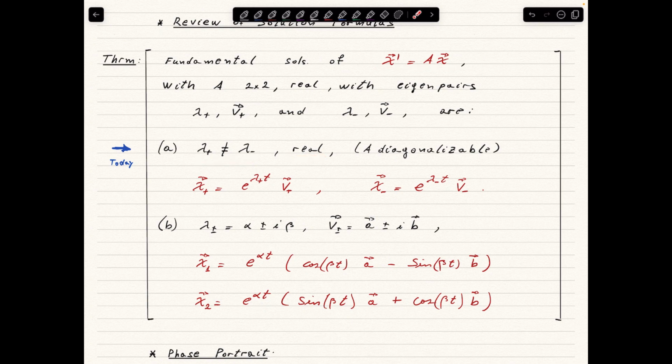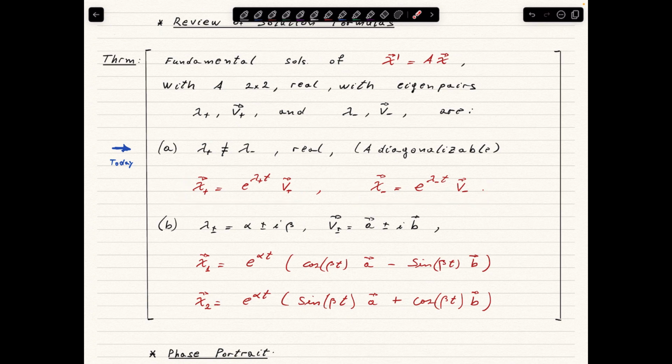In this case, the fundamental solutions are e to the lambda one t times the eigenvector and e to the lambda two t times the other eigenvector. These are the two fundamental solutions, and the general solution is an arbitrary linear combination of these two.